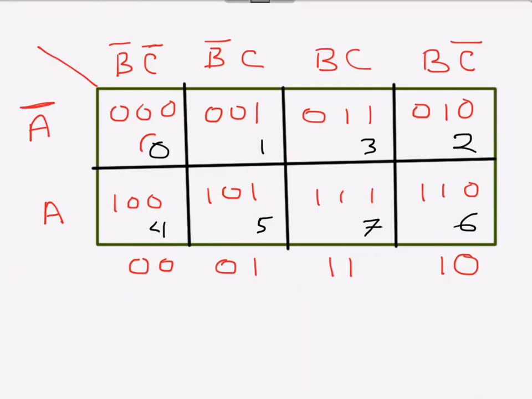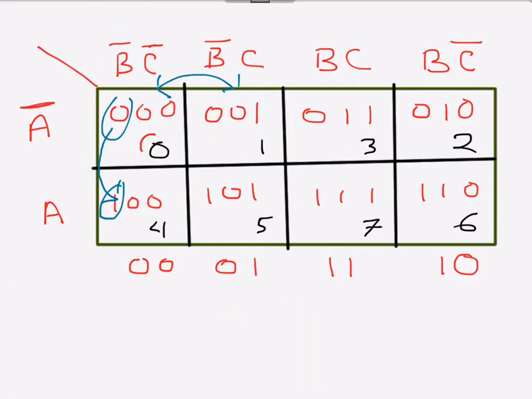Now each adjacent cell, if we observe, we will see that from this one to this one, only one bit is changing. Similarly, from here to here, only one bit is changing. Now why after 1 here, is it 3 here?